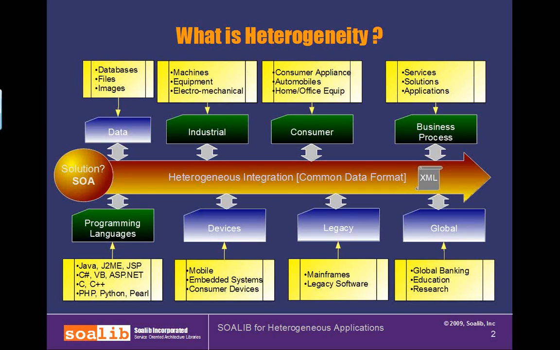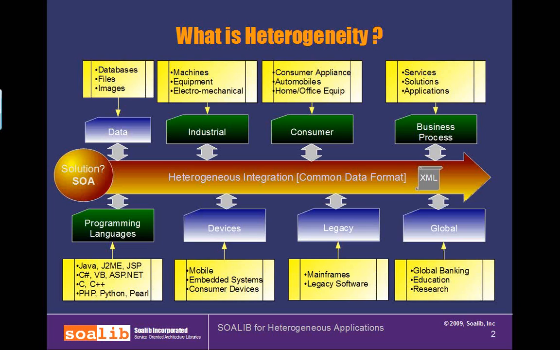It's a kind of bus where you can assume all the documents pass, and most of these documents are XML based. You can see the data, industrial, consumer, and business processes, all kinds of data passing through the common heterogeneous bus. And most of this data is formatted in XML, and that's why we can communicate with each other.